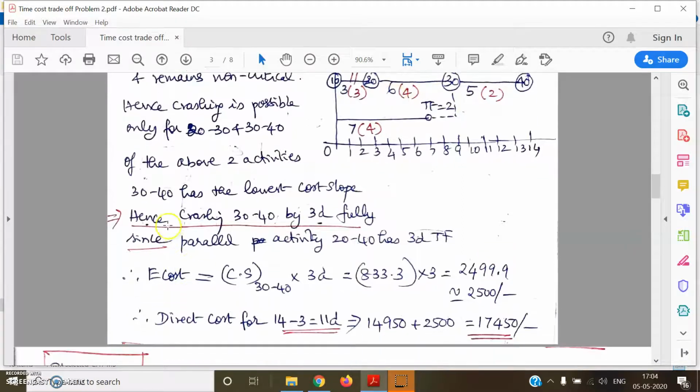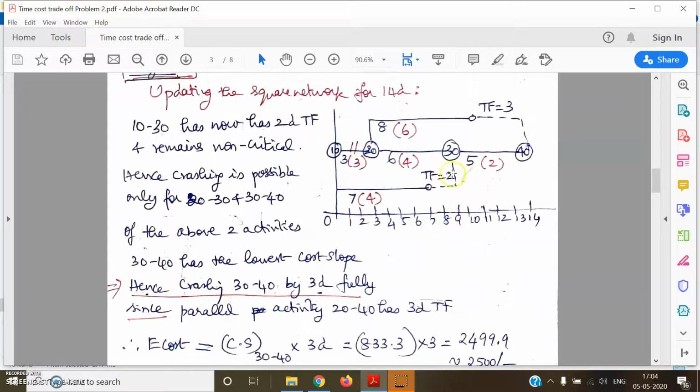Now we have to see by how many days we can crash 30-40. For 30-40, 3 days of crashing is possible, but for this I have to see whether any parallel non-critical activity has total float. The non-critical activity has a total float of 3 days. If I crash by 3 days, the non-critical activity will completely exhaust its total float and just become critical.